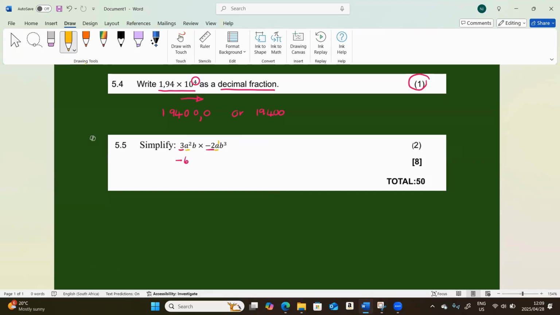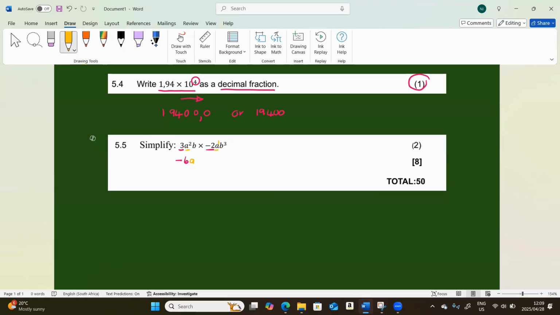So remember to write that 1, especially in grade 8, because it reminds you that it's A to the power of 1. So now we are multiplying A squared times A to the power of 1, and you write your base of A.